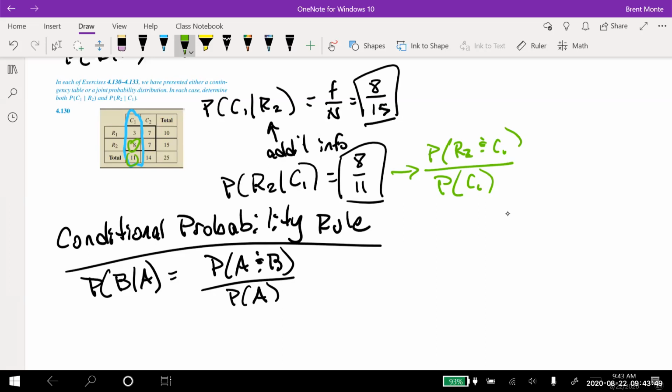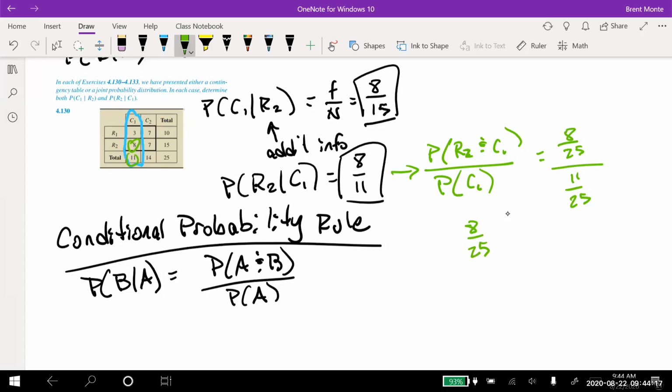Well, if I do that, let's try to do that. The probability of R2 and C1, well, that's 8 is the number, but it's the probability, so it's 8 out of 25. And the bottom one, probability of C1, well, that would be 11 out of 25. And if you remember from your arithmetic, in order to divide fractions, you multiply by the reciprocal of the bottom one.